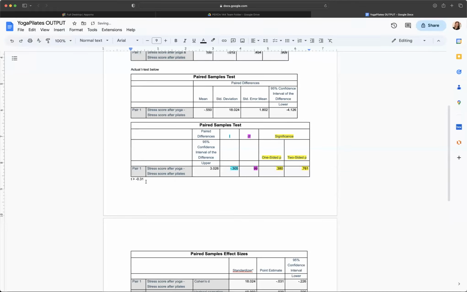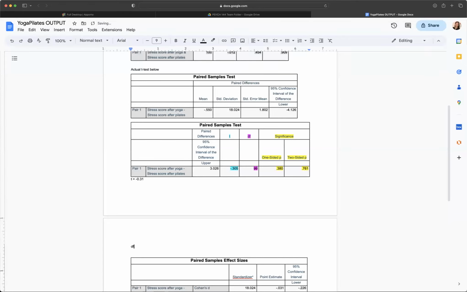That's a rule in APA and in scientific writing. We also have our degrees of freedom, which is equal to n, our sample size of 100, minus 1 because we have one independent group here. So our degrees of freedom equals 99.